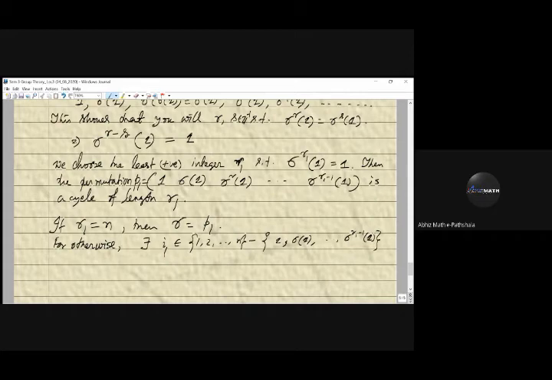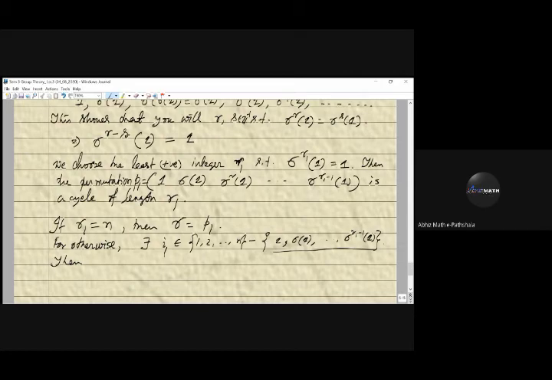So you will find another positive integer in 1 to n which is not in this set. Then you start the same thing as we have done for the previous case.